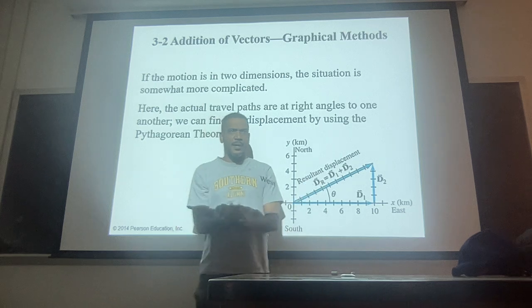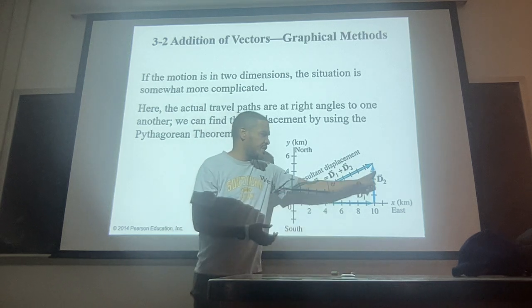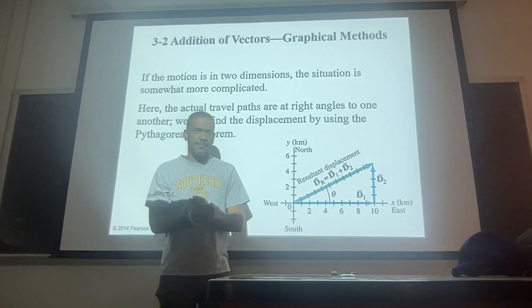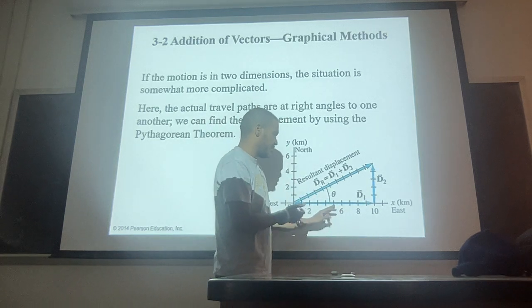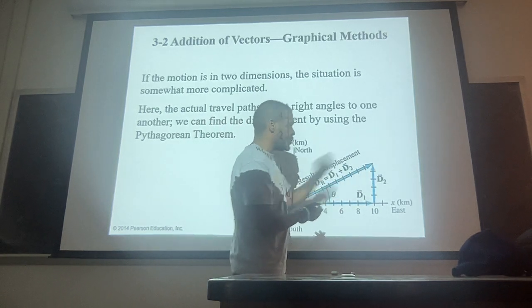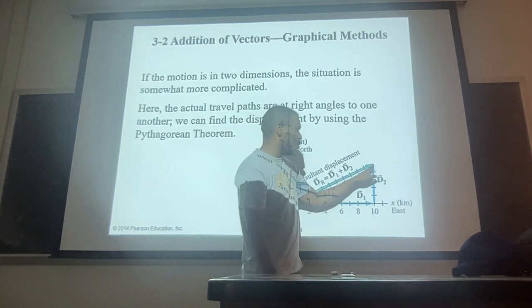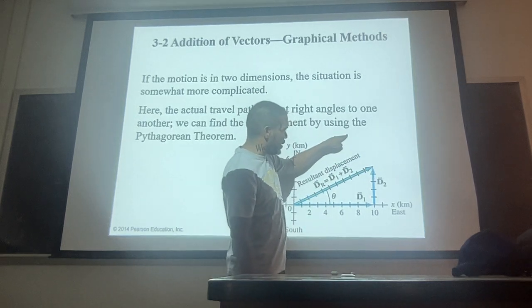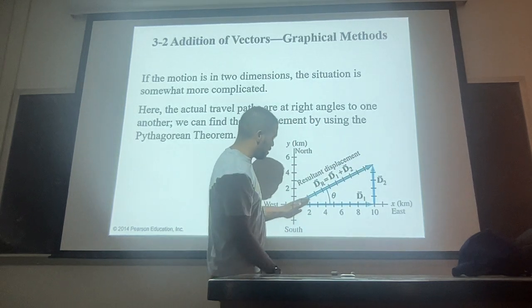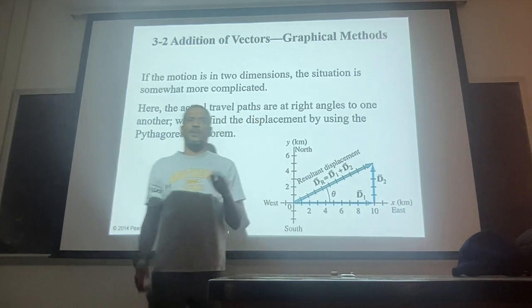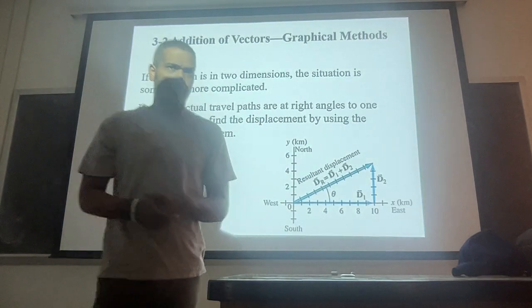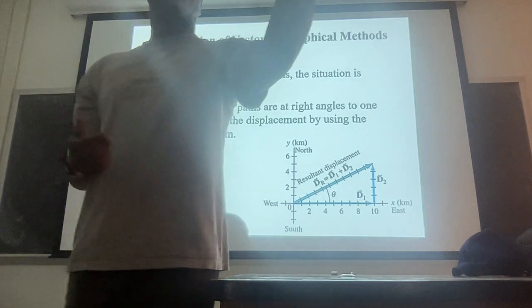But there are cases where we will have more than just 2 vectors. In that case, we'll have another side here, right? So if I added another vector, D3, pointing right here, then this is just gonna move up to D3. But it's gonna be a 4-sided polygon then, because I added 3 vectors.